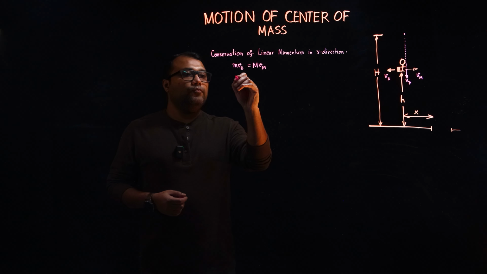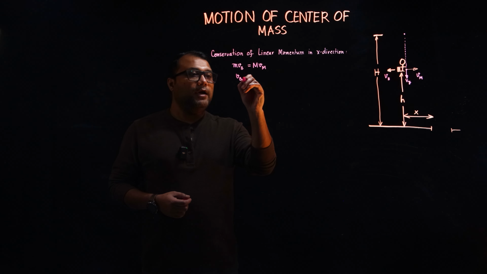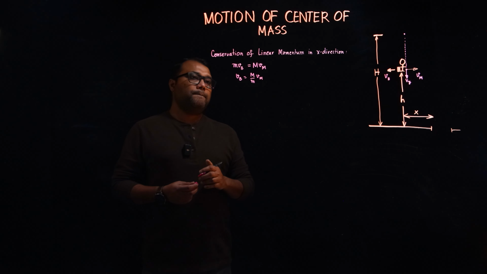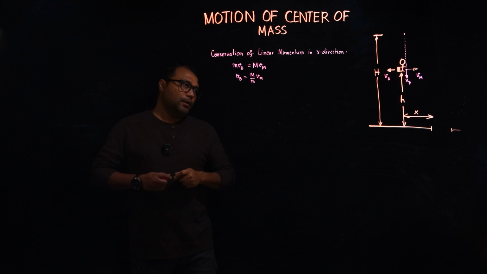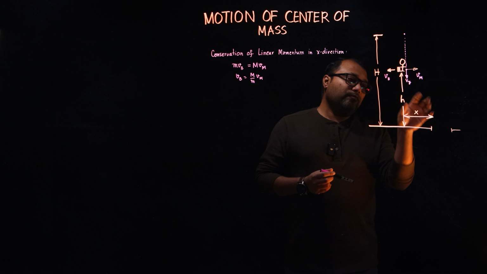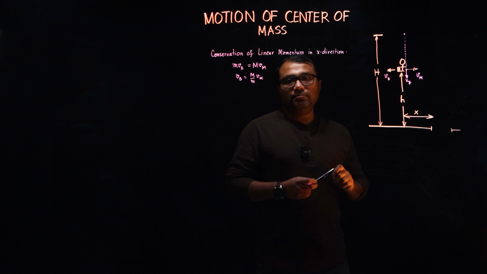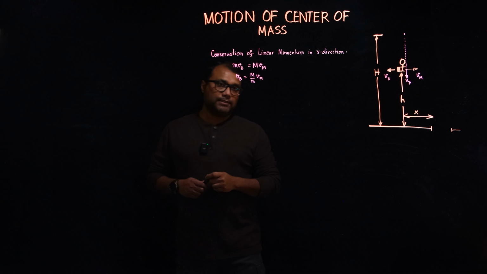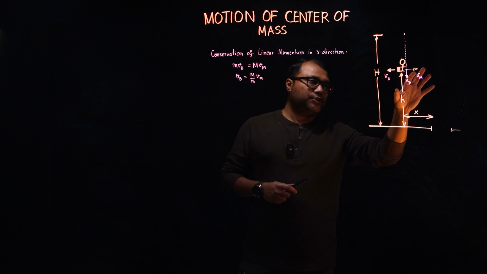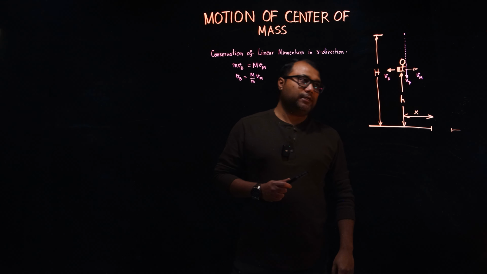From that we get the velocity of the bag will be capital M by small m times the velocity of the man. Now Vm will be responsible for overcoming this distance x, and Vm is constant, it will not change. Vy increases but Vm remains constant.